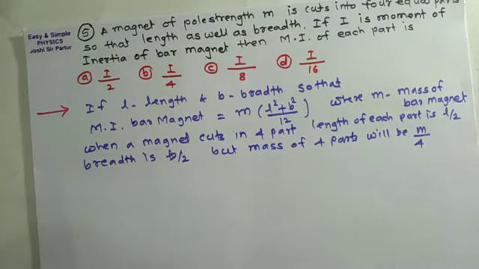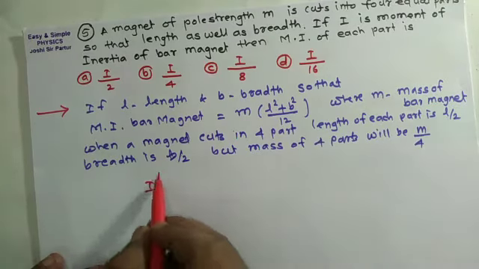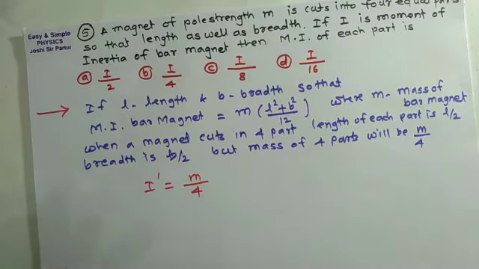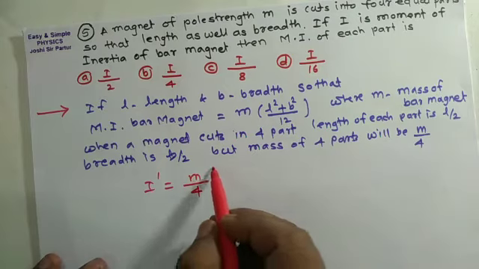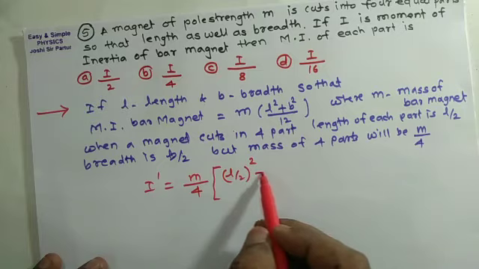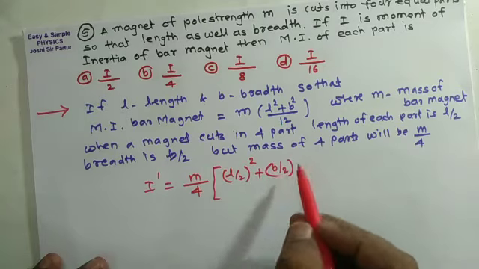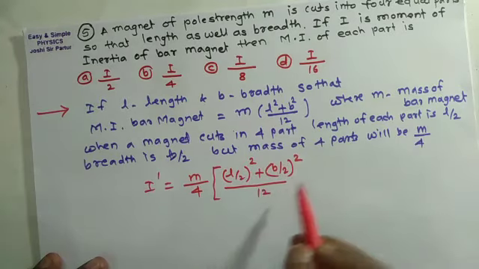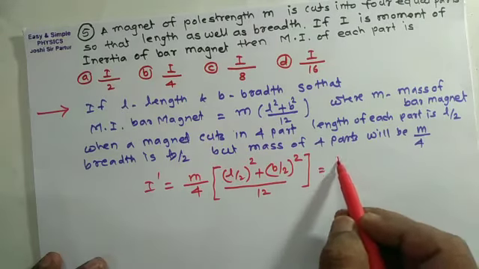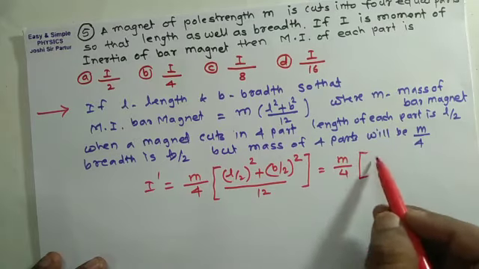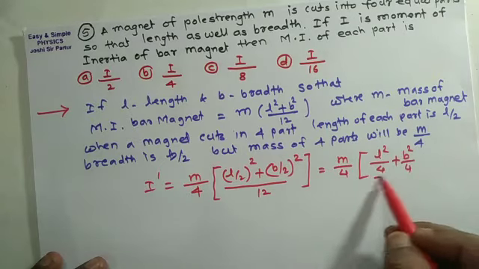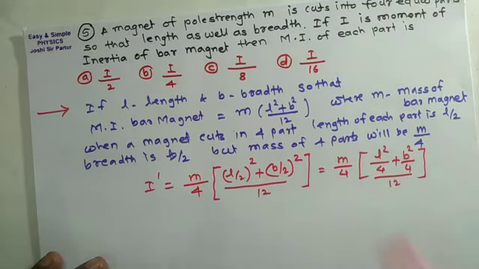So that we can find out the moment of inertia. I dash is equal to mass of each part, m upon 4, in bracket length of each part L upon 2 square plus breadth B upon 2 square, upon 12. So it becomes m upon 4 in bracket L square upon 4 plus B square upon 4, divided by 12.